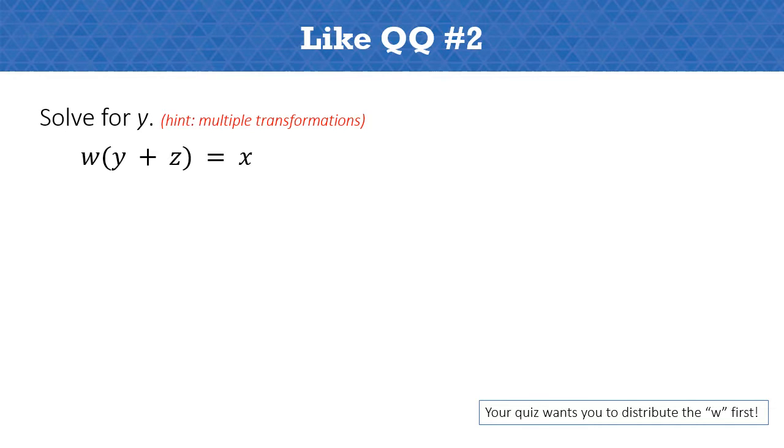Looking at quiz question number 2, we need to solve for y if we have w times y plus z is equal to x. So remember, this one we want to get y by itself. So we want to keep that in mind as we are solving for this. Just a little hint for quiz question number 2: your quiz wants you to distribute the w first, or whatever letter is there.